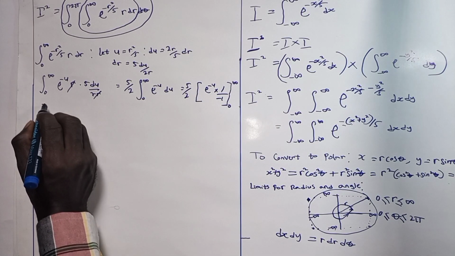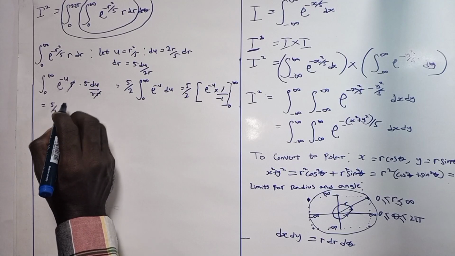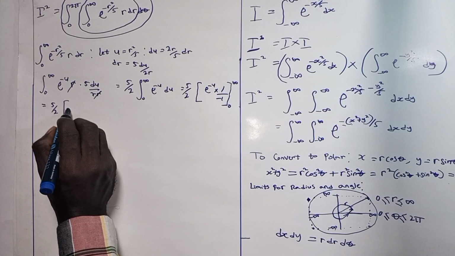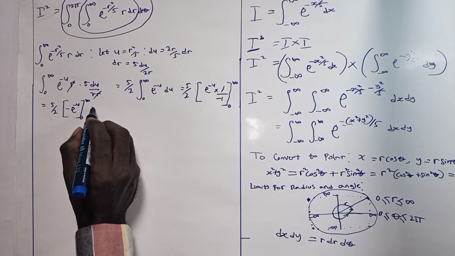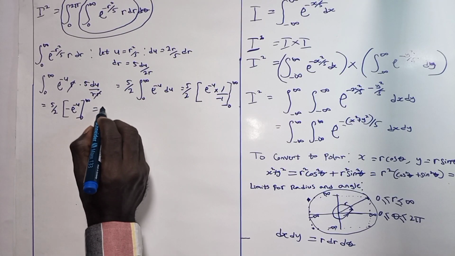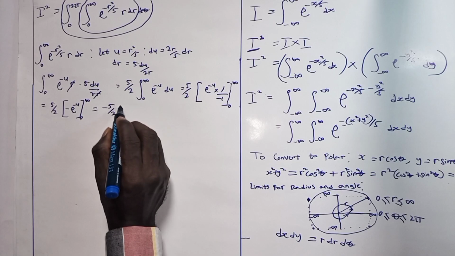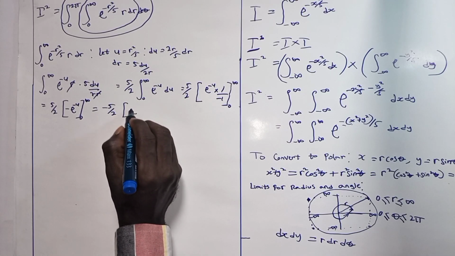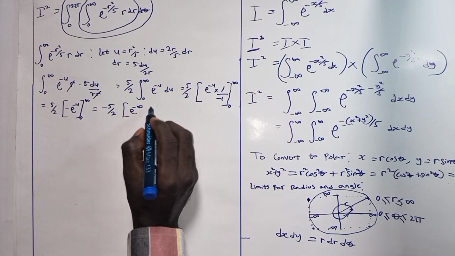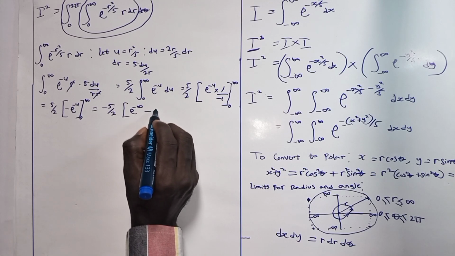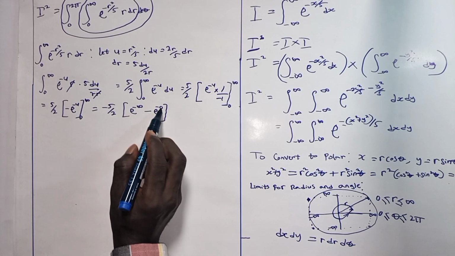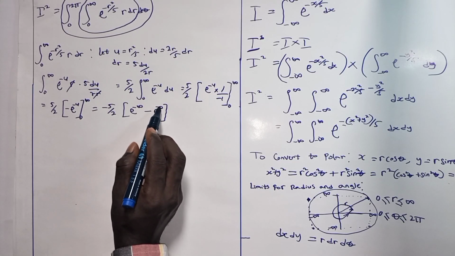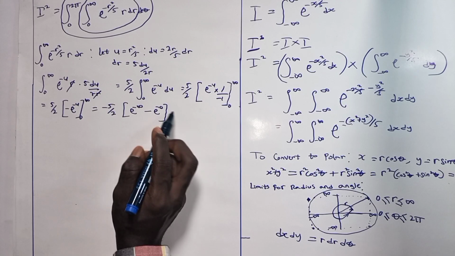So now this gives us 5 over 2 times minus e to the u, evaluated from 0 to infinity. We can as well bring the negative outside. So we are left with minus e to the minus infinity, minus e to the 0. Then we know that 0 minus 0 is 0, and exponential raised to power 0, anything raised to power 0 is, as we all know, 1.